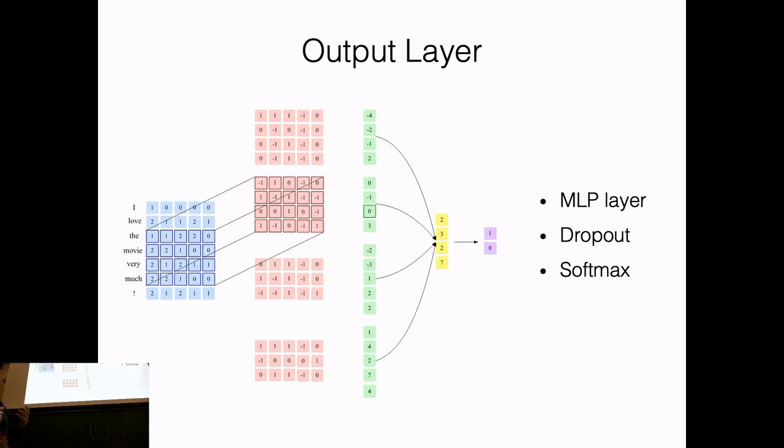Usually, if you want to improve the performance, you could also introduce a dropout mechanism after the feature vector, followed by the softmax to normalize your predicted scores.